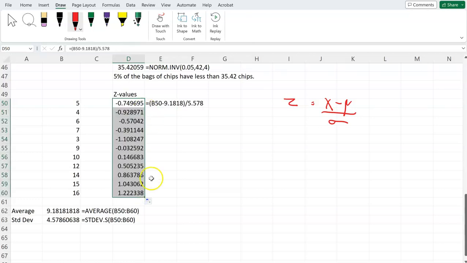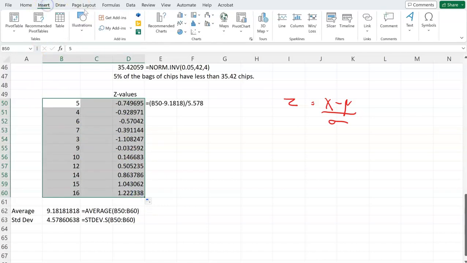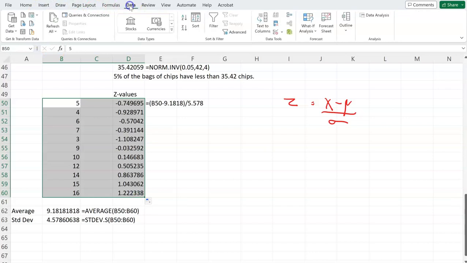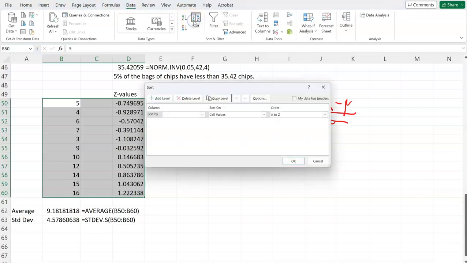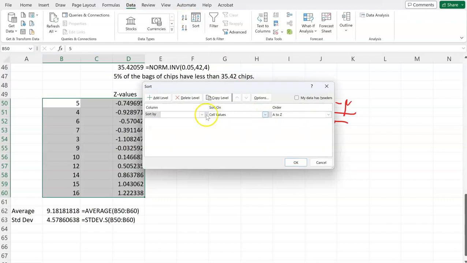Then we arrange them in ascending or descending order. So we can go to data, sort, and I will sort column D from smallest to largest.